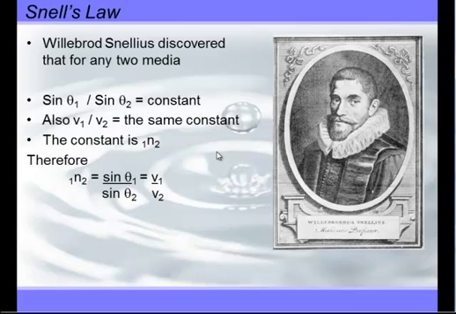Putting these things together, the refractive index of this boundary, going from 1 to 2, is sine theta 1, which is the angle of incidence, divided by sine theta 2, the angle of refraction, equals V1 divided by V2.